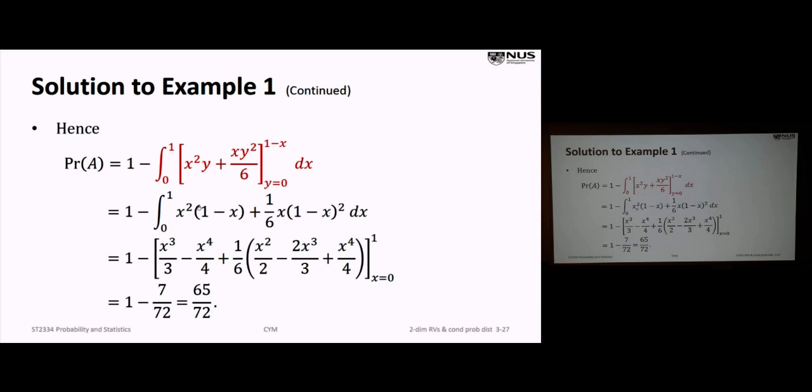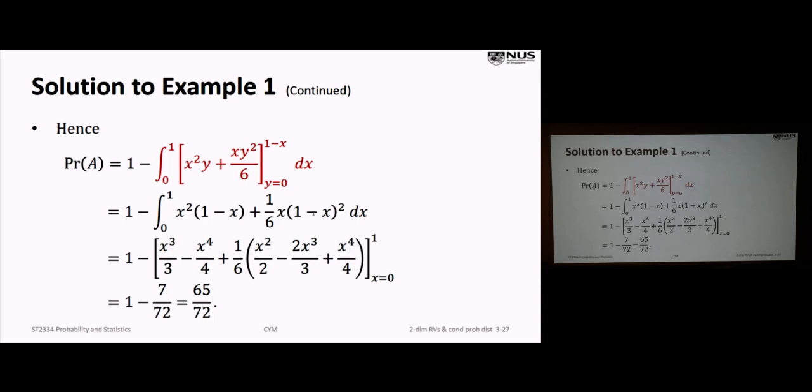These are not so difficult. You can do x squared times 1, so that's x to the 3 over 3. x squared times minus x is minus x to the 3, which integrates to x to the 4 over 4. For the other one, you can multiply out these brackets, so I get 1 minus 2x plus x squared.